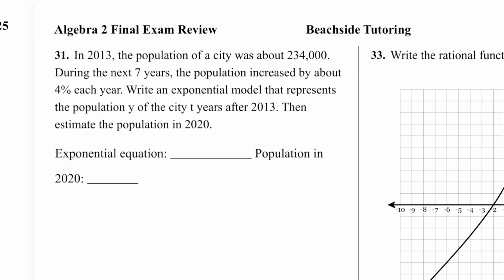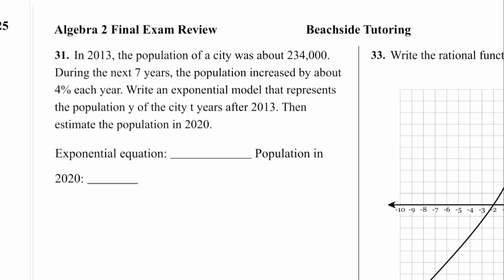Number 31. In 2013, the population of a city was about 234,000. During the next 7 years, the population increased by about 4% each year. Write an exponential model that represents the population y of the city t years after 2013, then estimate the population in 2020.